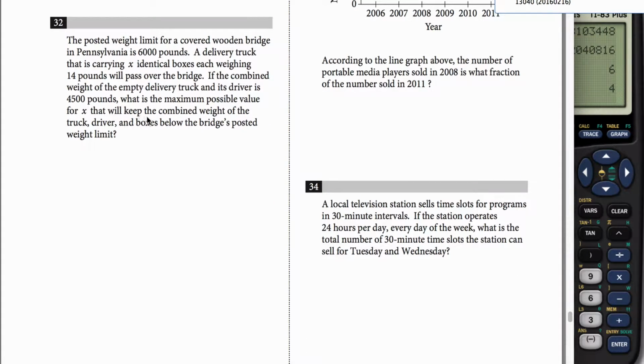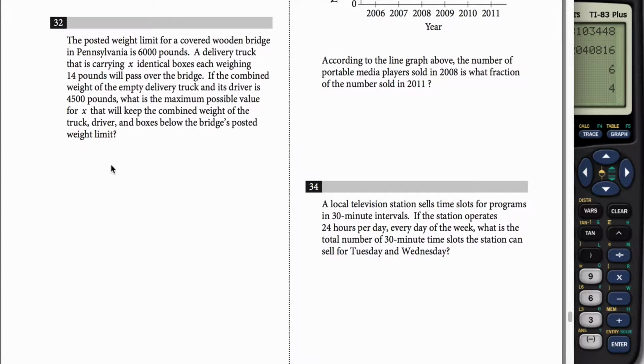32. The posted weight limit for a covered wooden bridge in Pennsylvania is 6,000 pounds. A delivery truck that is carrying X identical boxes, each weighing 14 pounds, will pass over the bridge. If the combined weight of the empty delivery truck and its driver is 4,500 pounds, what is the maximum possible value of X that will keep the combined weight of the truck, driver, and boxes below the bridge's posted weight limit?